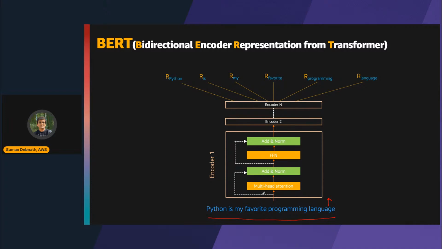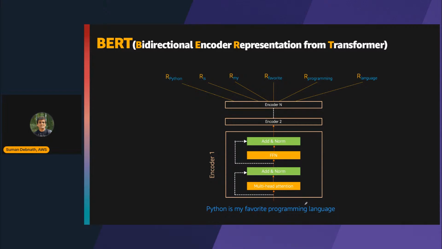So when BERT finds the embedding of the word favorite, it knows the context to the left and also the context towards the right. That's why we call it a bidirectional encoder representation from transformer.